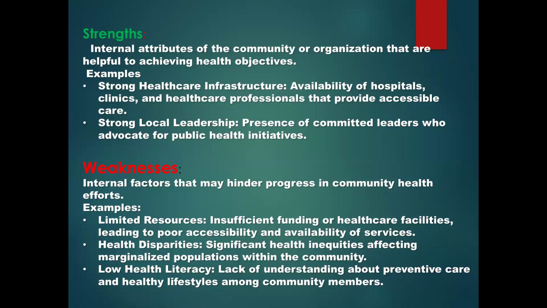Availability of resources is a strength. Lack of health disparities and social inequality is a strength. But where there is presence of social inequality, health disparity, low health literacy, limited resources, poor leadership structure, that is a weakness, because it will hinder effort towards having a robust health program.